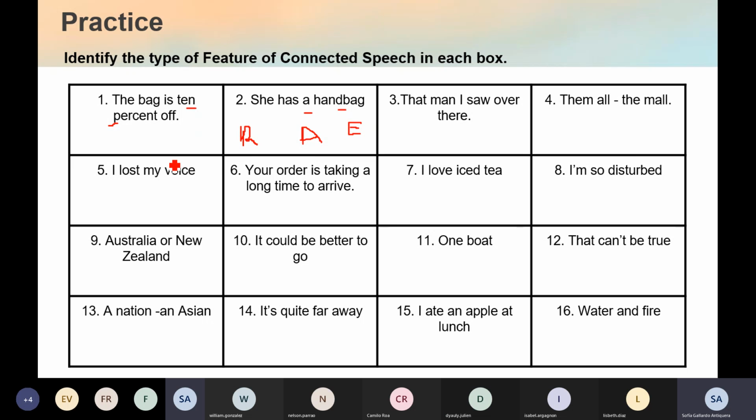Can you notice that? Can you repeat that again? We have assimilation here because the "d" followed by "b" in handbag changes to "b". So it could also sound like an elision, but it is correct anyway.